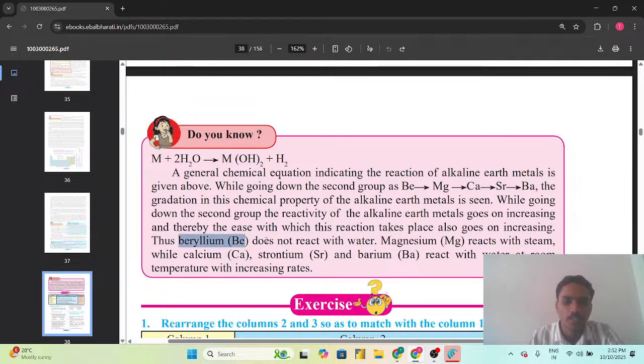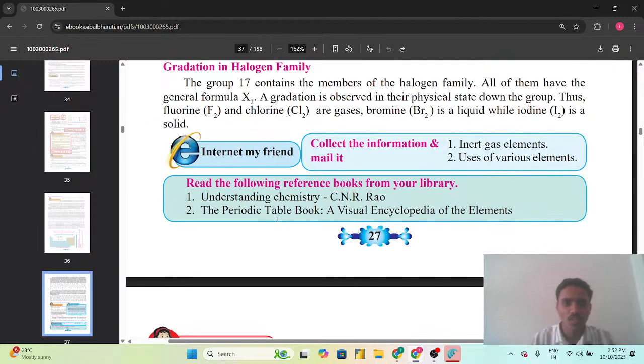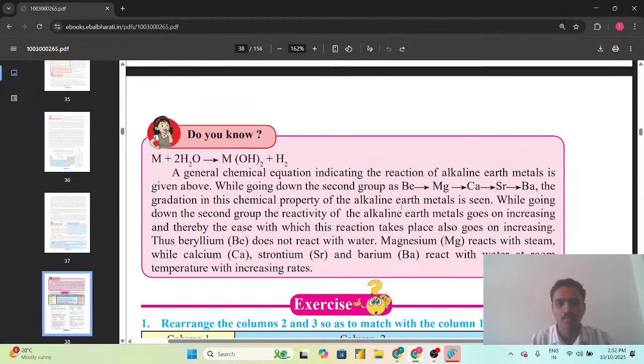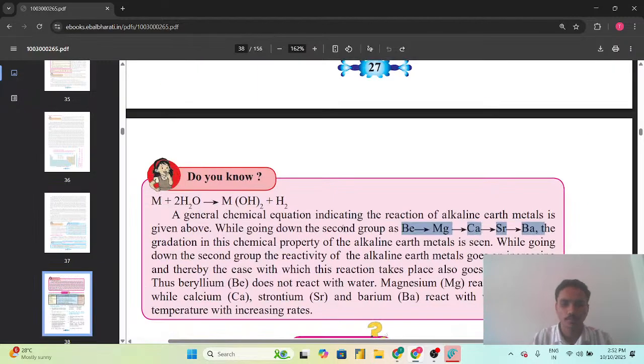Thus, beryllium does not react with water, magnesium reacts with steam, and calcium, strontium and barium react with water at room temperature with increasing rates. So these are all the periodic trends which are specific to the group, as we have seen the trend in the halogen family, and we are again seeing the trend in group 2, that is the alkaline earth metals of the s block.